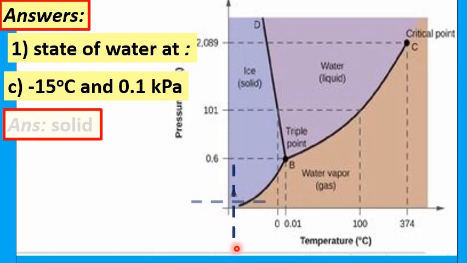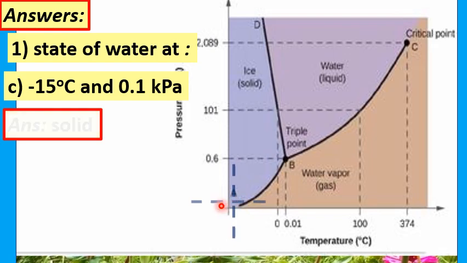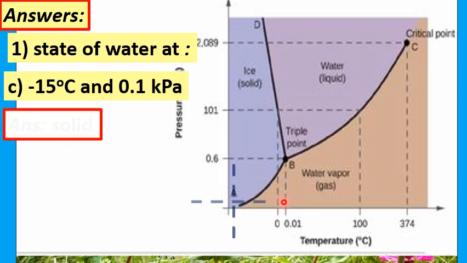So we estimate that the temperature is at this point, negative 15 degrees Celsius, while the pressure 0.1 kilopascal is probably at this point. So they intersect at a point which falls within the solid phase or state. So that's for question letter C.